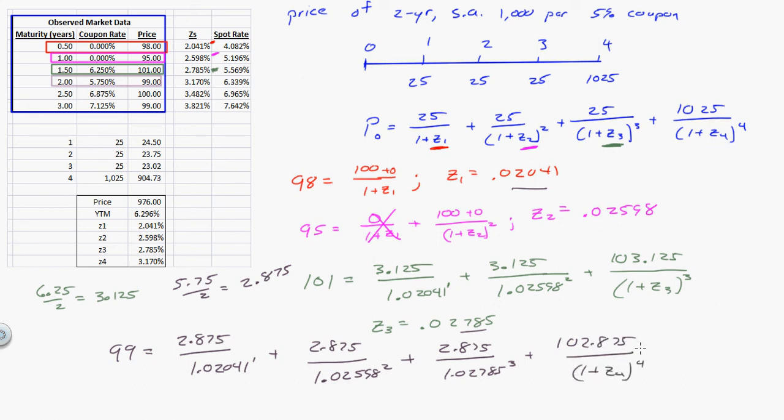So this is pretty painful algebra, right? But we can still do it. So there's Z4. Now I've found the spot rates, and now I can find the price from those spot rates.